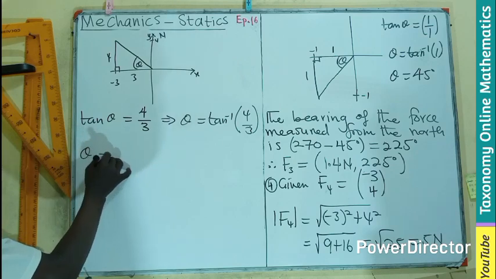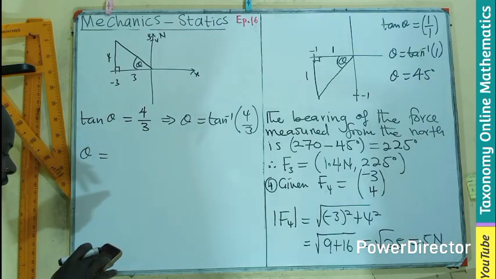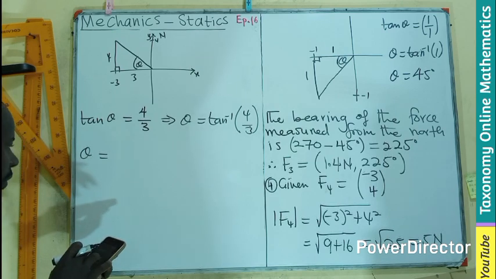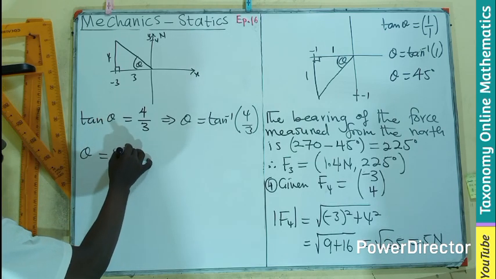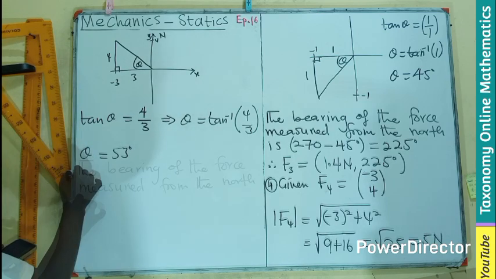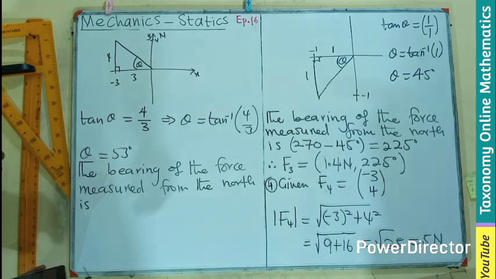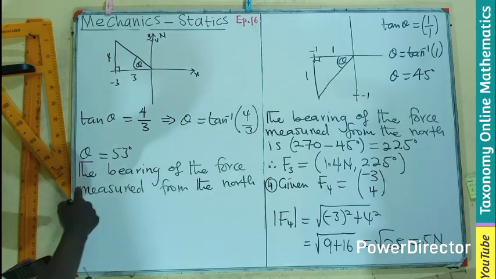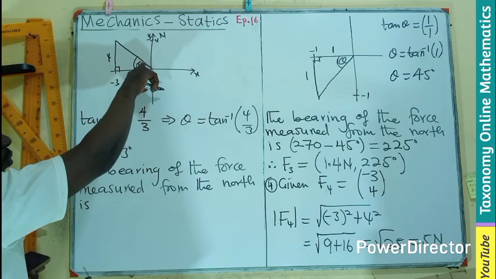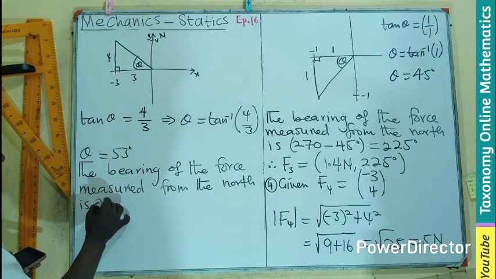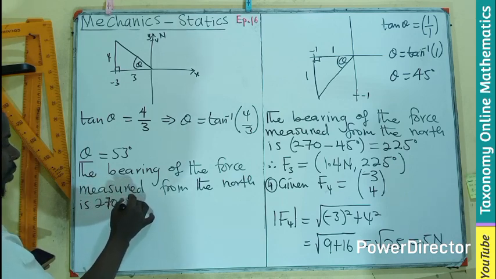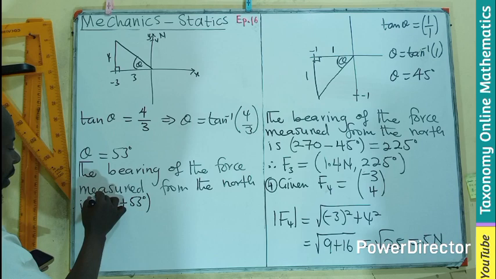And what would that give us? I think in the first example, it gave us 53. Yeah, that is 53 degrees. It will need a whole number. So our bearing, measured from the north all the way from here to meet this line, will be 270 degrees plus the angle we found, the 53 degrees.